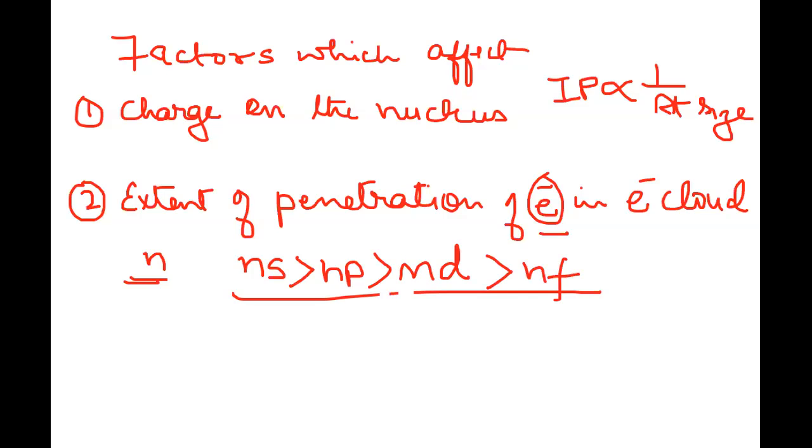That is provided the other factors remain the same. These are some of the factors affecting it. Actually, it is the combined effect of all of these that gives the periodic trends.